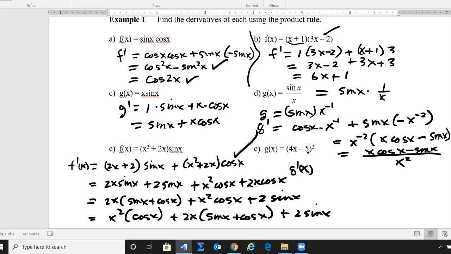Well, it's not a product, is it? So we notice that before we even find G prime, we'd have to write this as 4x minus 5 times 4x minus 5. Now it's a product. So G prime would be 4 times the 4x minus 5. Sorry, it's a minus 5. I got sloppy here. Can't see my own writing.